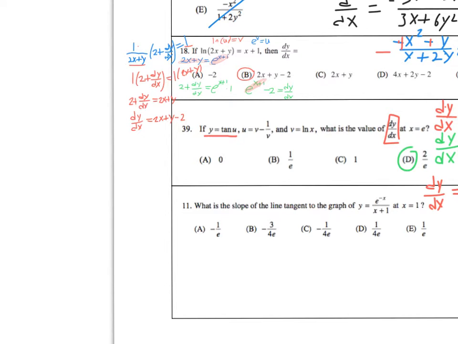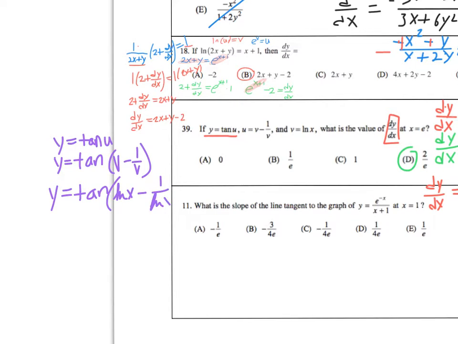If we start off with plugging things in, we get y is equal to tangent of u, which is y is equal to tangent of v minus 1 over v, which is y is equal to tangent of ln of x minus 1 over ln of x.